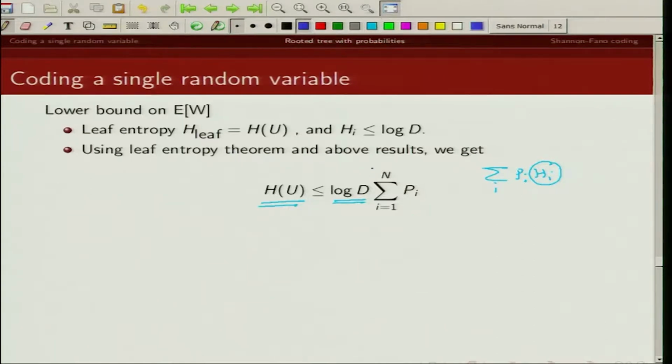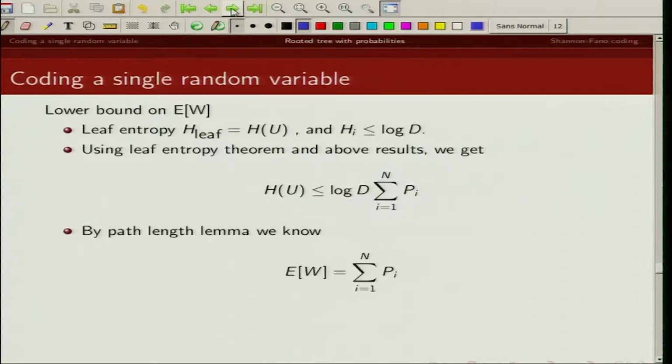Now what is this quantity? From the path length lemma, we know this is the expected depth of the leaves. And what are leaves? Leaves are my code words. So this is the expected code word length, the average code word length. This follows from the path length lemma. So I plug this one in here.